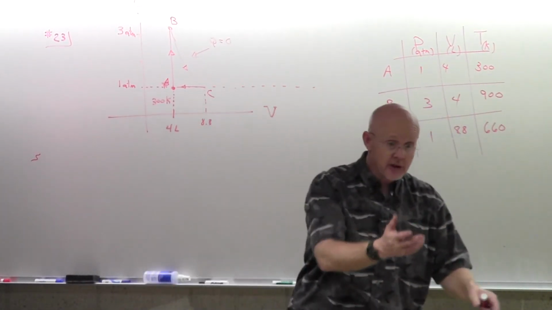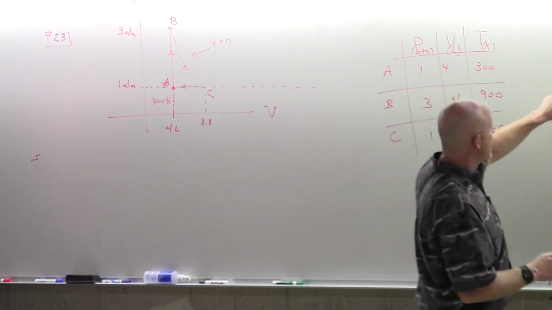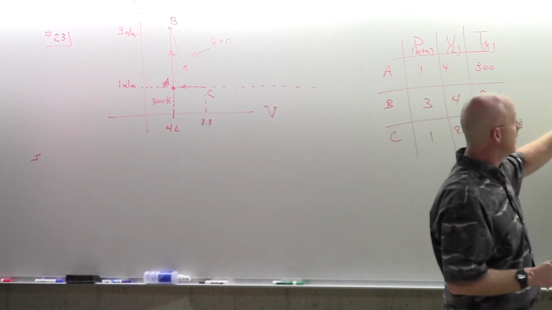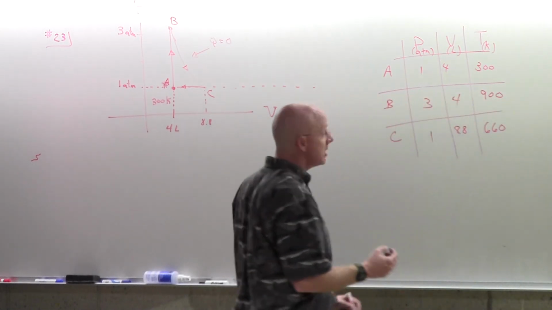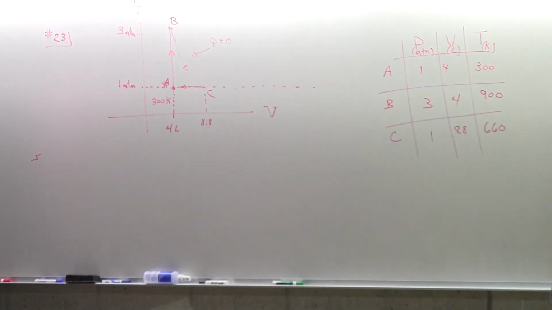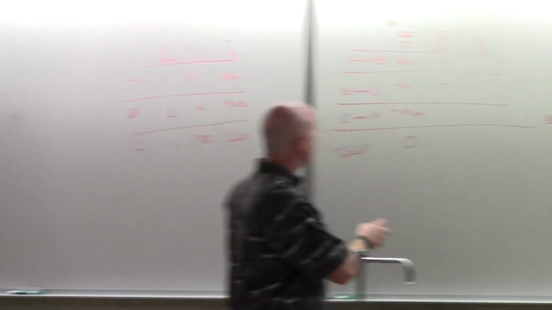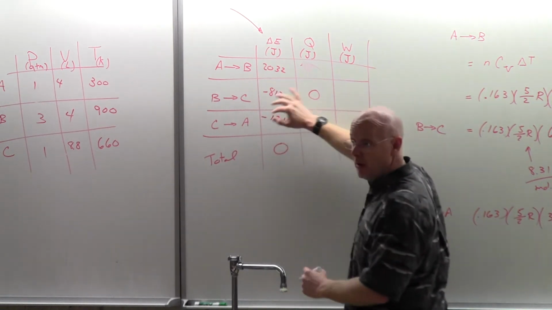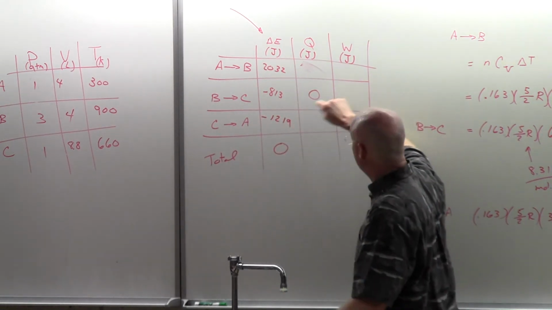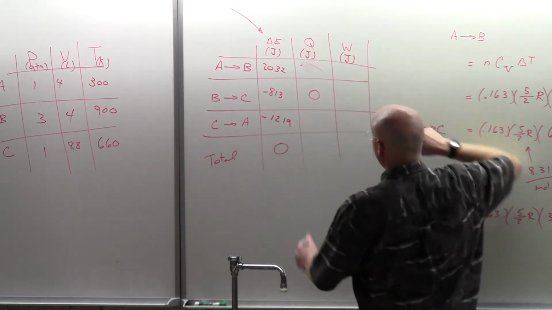Now, you mentioned at this point, especially here, what was nice about the B to C? Yeah, the Q is 0, so we can fill that one in right away. And then, once you know two of them, you know all of them, because these two added together are that one. So what would you say about the work here?